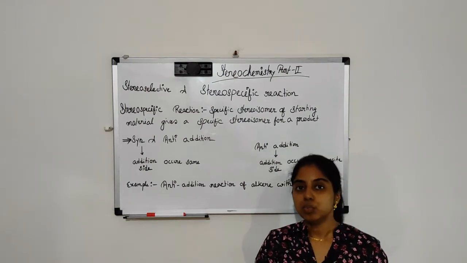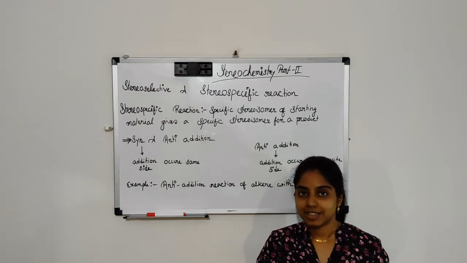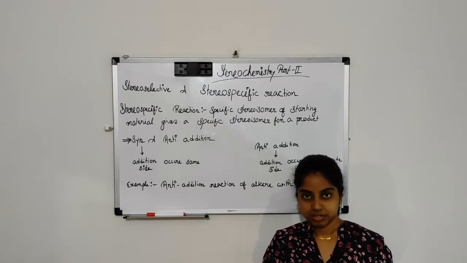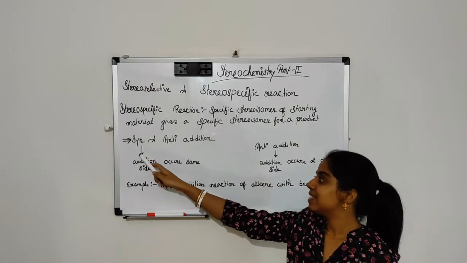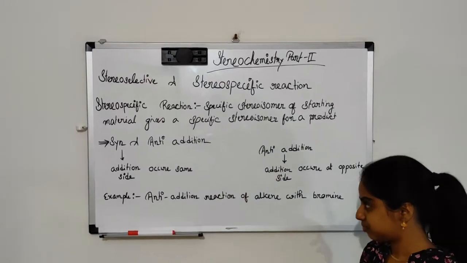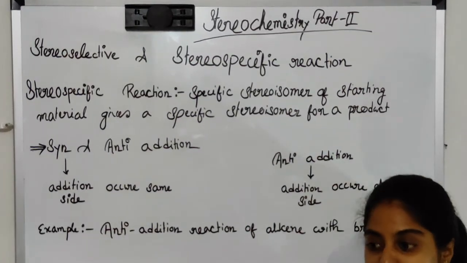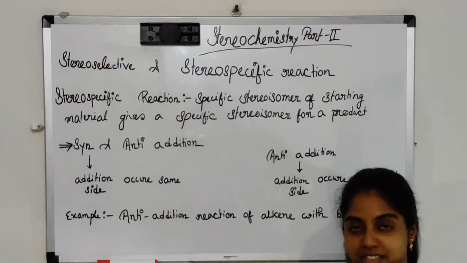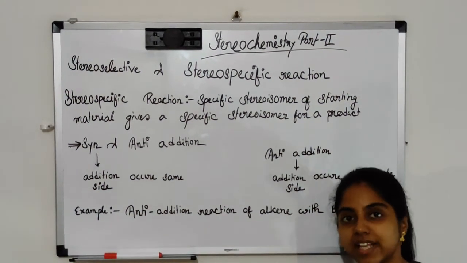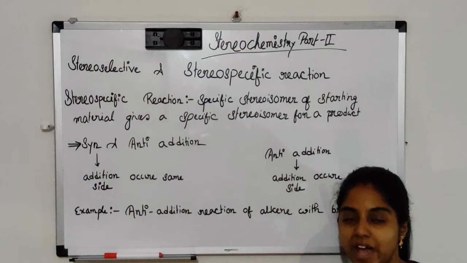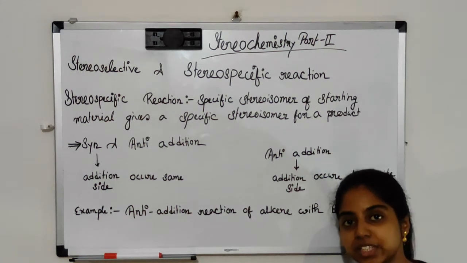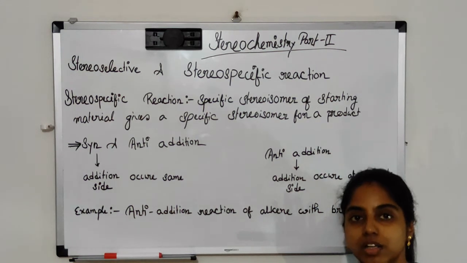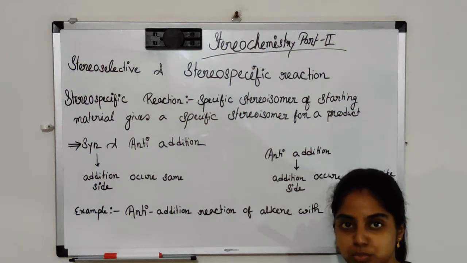The two more important terms are anti and syn addition, right? So what is syn and what is anti addition? When an addition reaction occurs in the case of an alkene, the group is added either on the same side of the double bond or on the opposite side of the double bond.